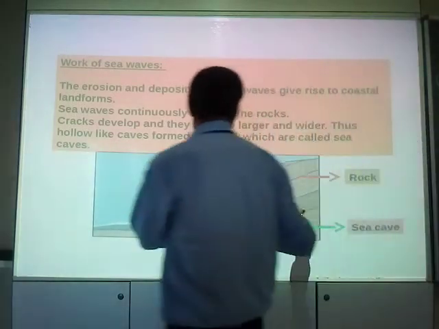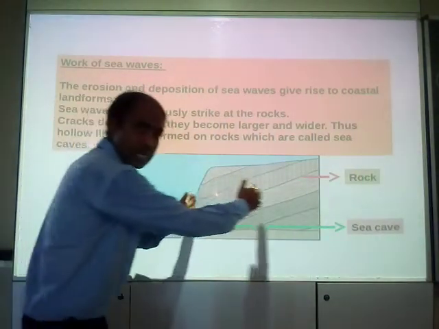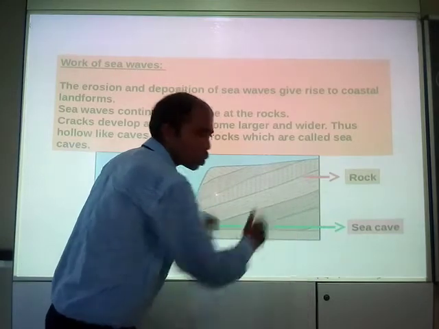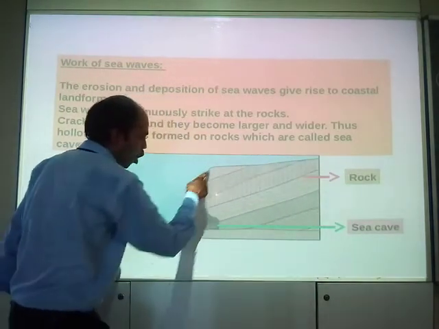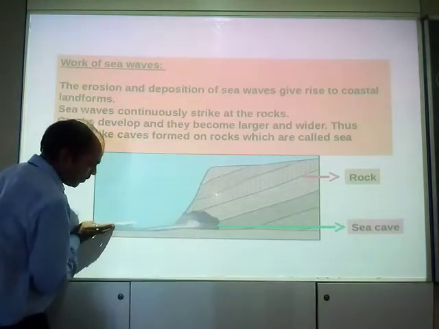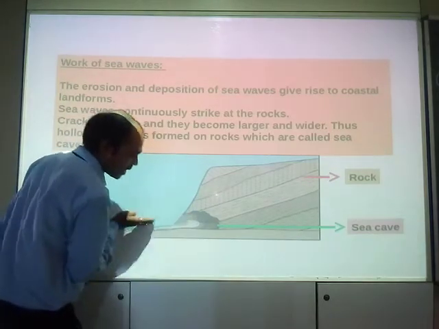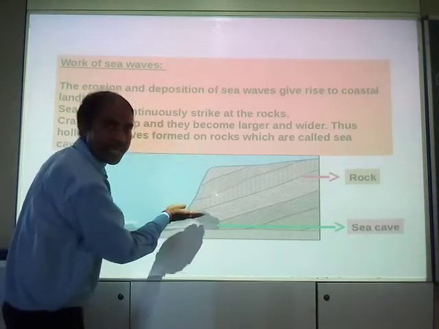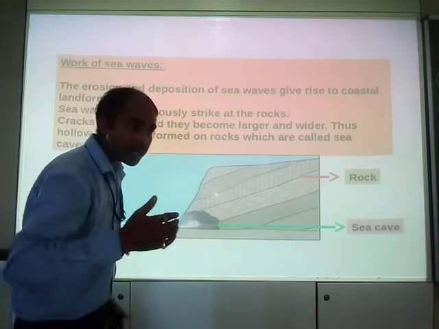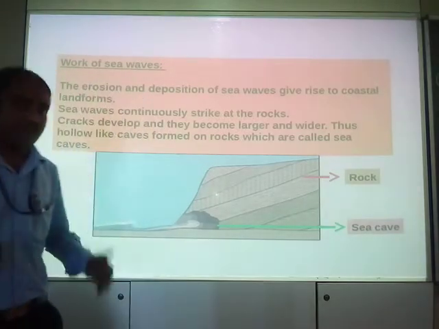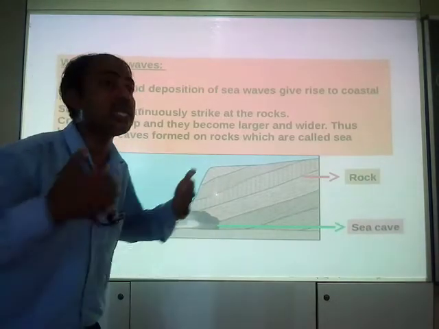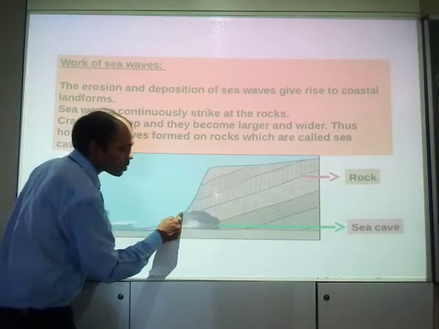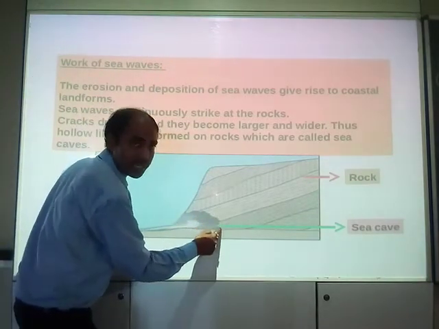Now, sea waves continuously strike at the rocks along the coastal region, along the seashore. Suppose this is a rock. If sea waves come and strike continuously, time and again, after several years, after several decades, it forms a hole there, isn't it?